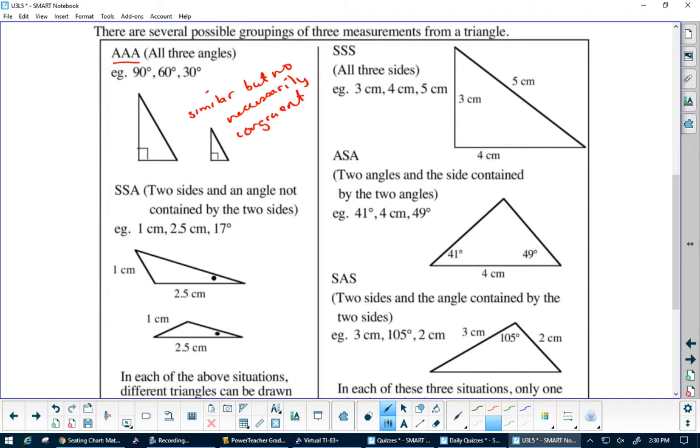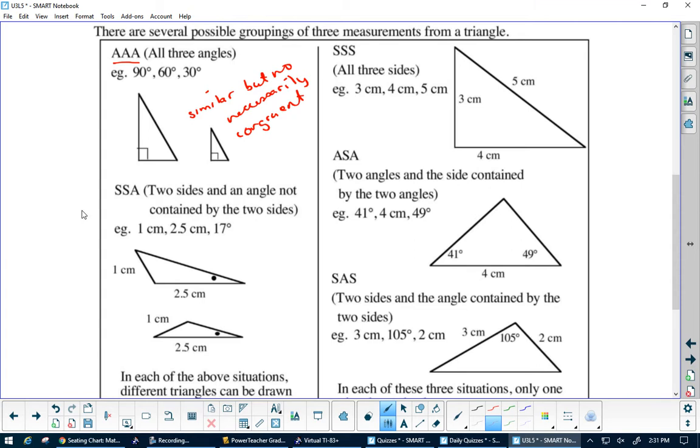I can give you 10 billion triangles that would have the same angles that are not the same size, because angles don't depend on the length of the side. Okay? They're just enlargements or reductions.